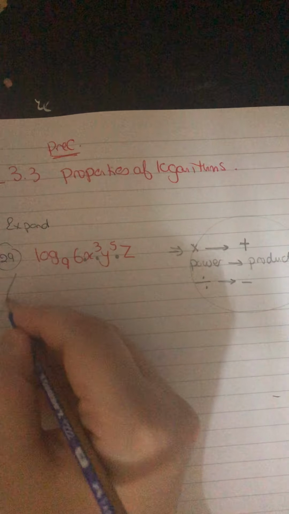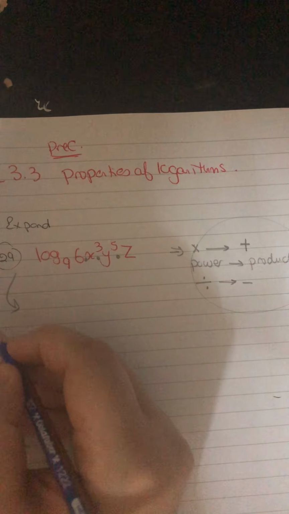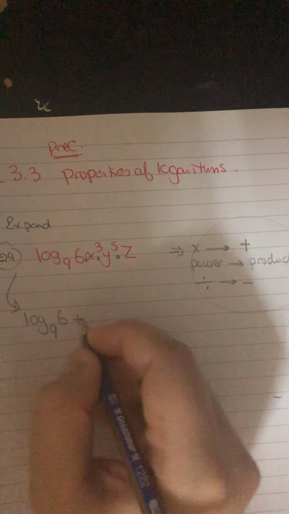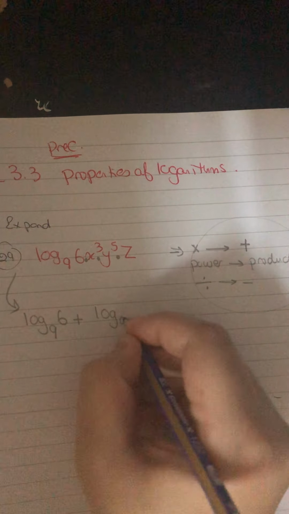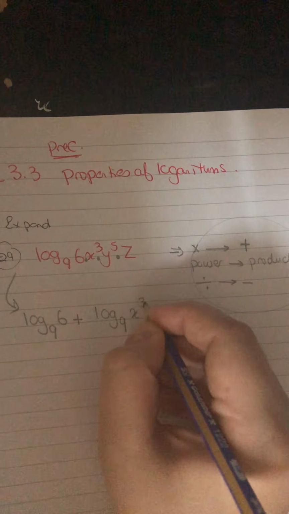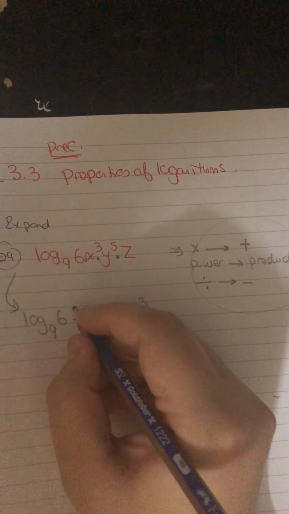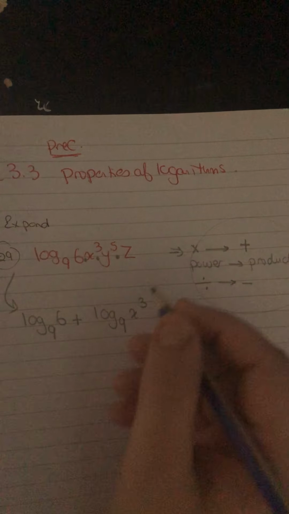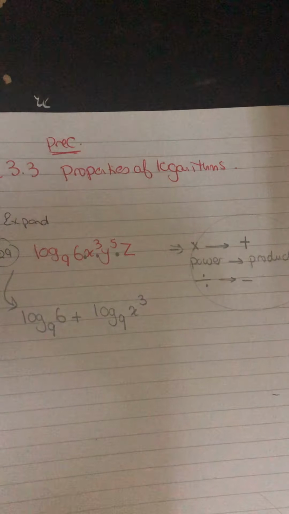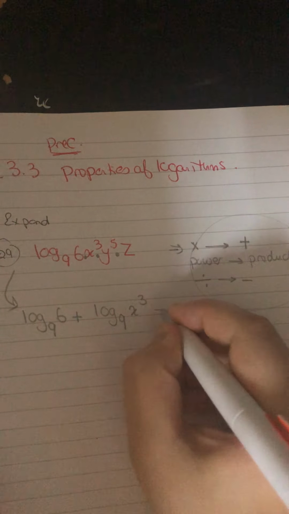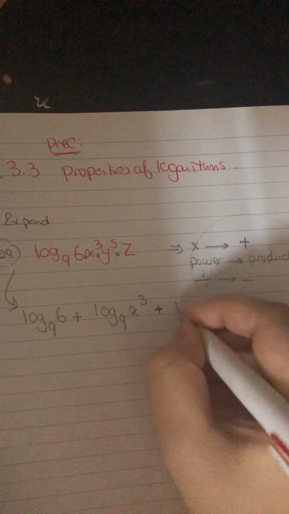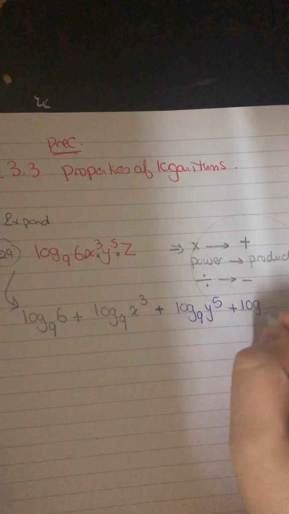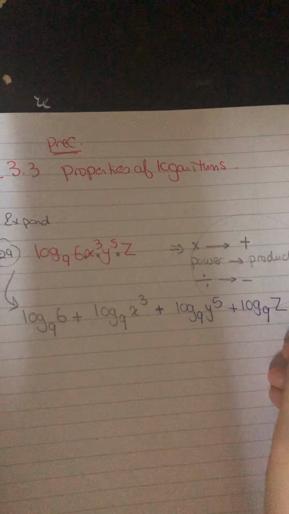So I'll write with my pencil. I can expand this into log base 9 of 6 plus log base 9 of x to the power of 3. If you wish, you can directly put the 3 on the left side instead of wasting your time. Plus log base 9 of y to the power 5 plus log base 9 of z, and don't forget to put the 9 every time.